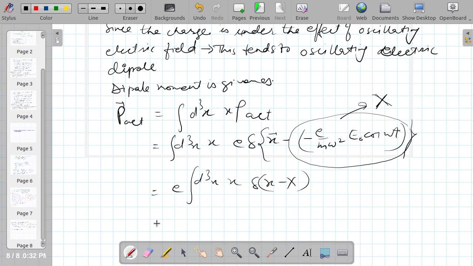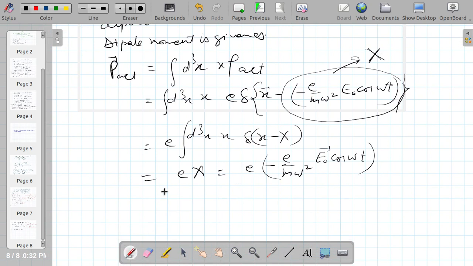So it is a standard integral, and its value will be e of x, and the value of x will be this one. Therefore, it is e times minus e over m omega square E naught cos of omega t. And so the actual dipole moment is equal to minus e square over m omega square E naught cos of omega t.